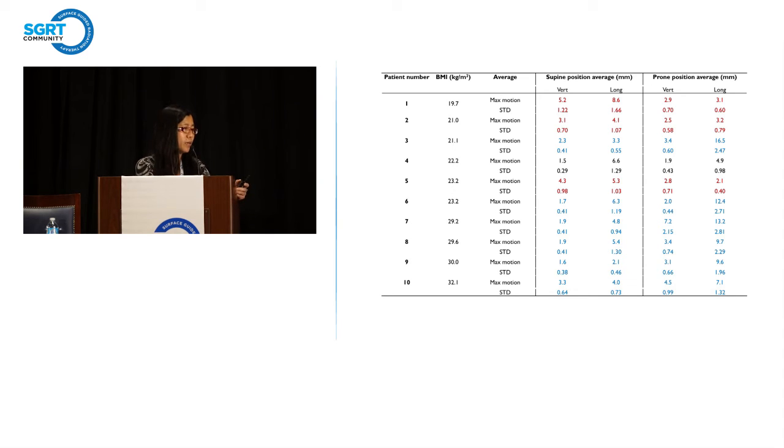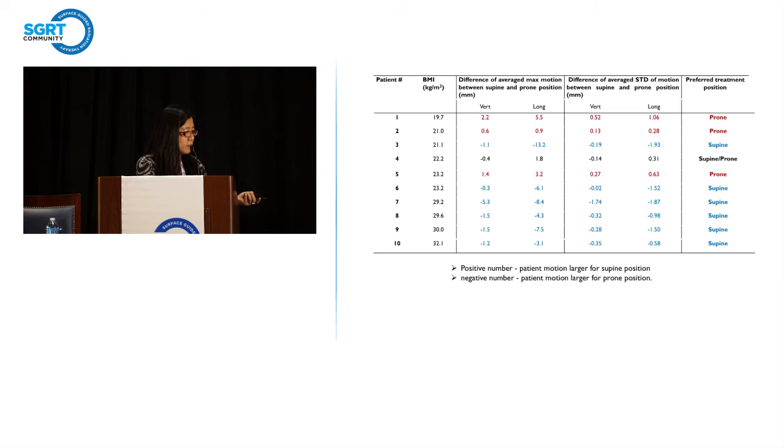We can go back to the table to see 7, 8, 9, 10, all those 4 patients are blue, color-coded, and you can see that for supine the number is a little bigger.